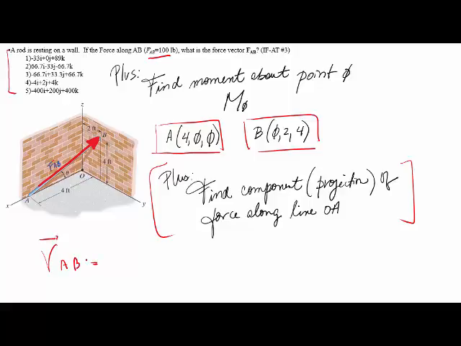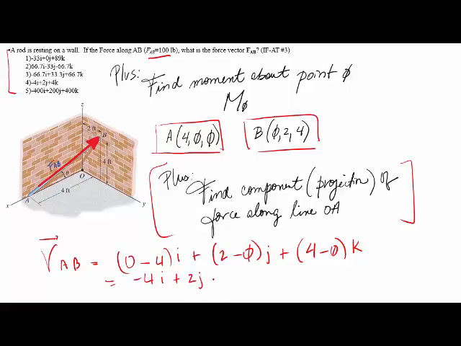Okay. So is it B minus A or A minus B? B minus A. So it would be 0 minus 4 I plus what? 2 minus 0 J plus 4 minus 0 K. Okay, so what I have is minus 4I plus 2J plus 4K.